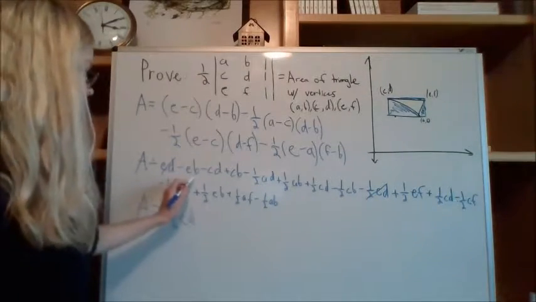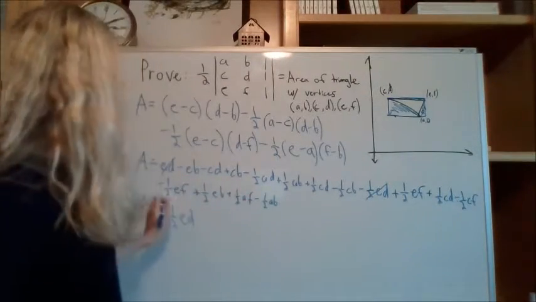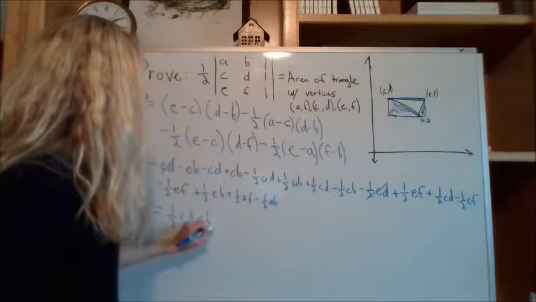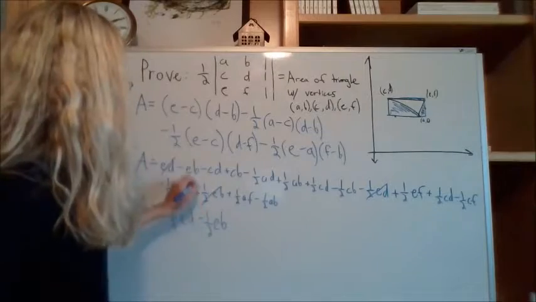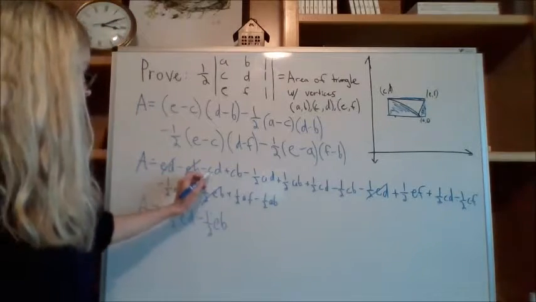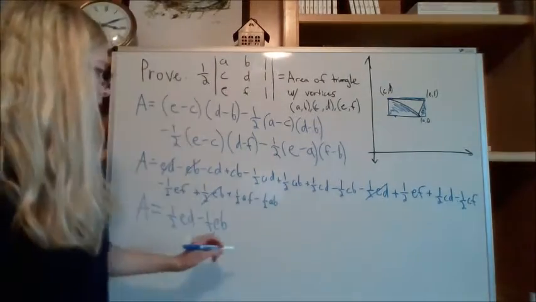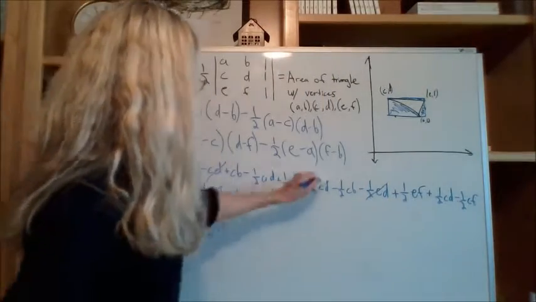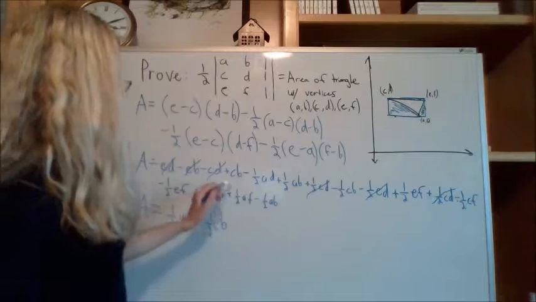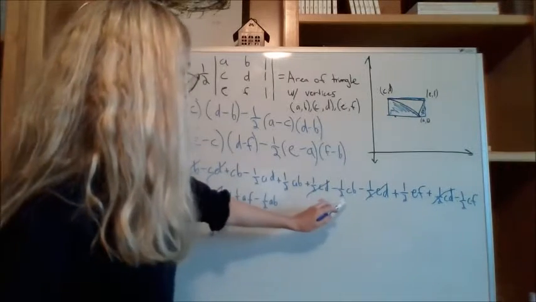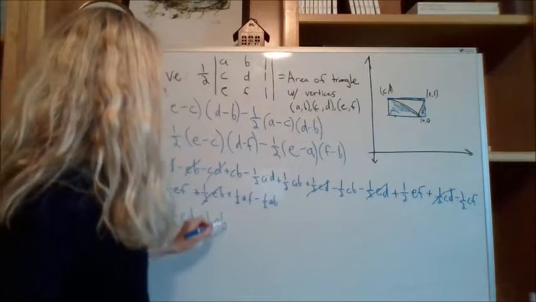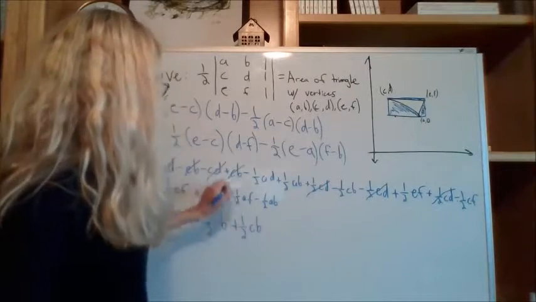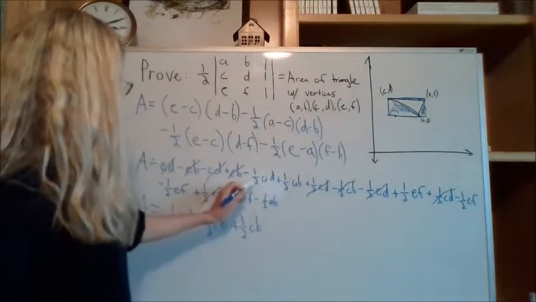Next EB. So looking here, oh, there we have one. So minus 1/2 EB. CD, negative CD plus 1/2 CD plus another 1/2 CD equals 0. CB minus 1/2 CB is plus 1/2 CB minus 1/2 AD.